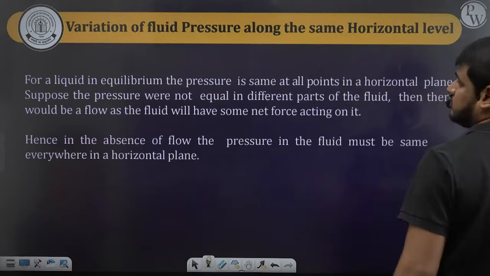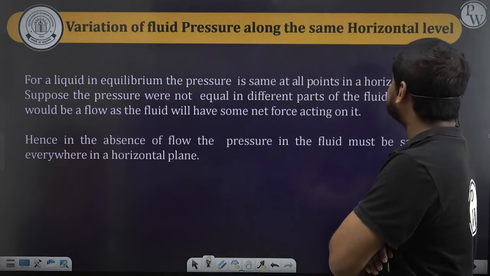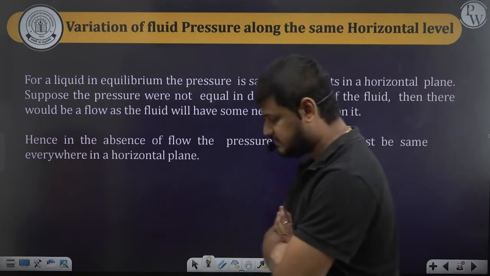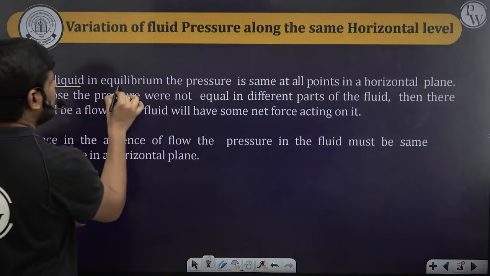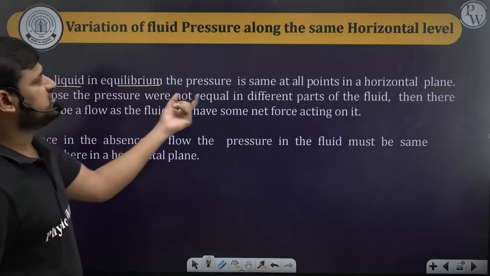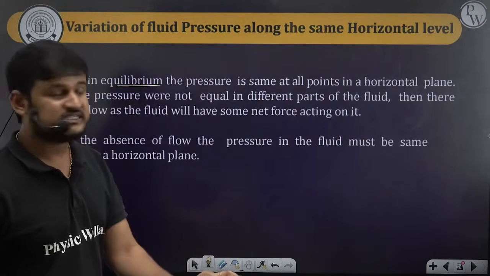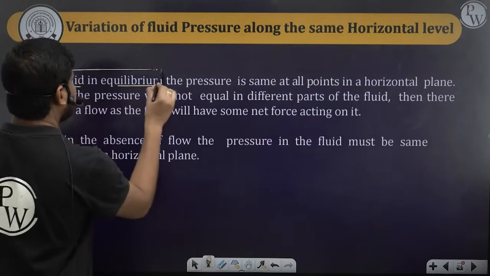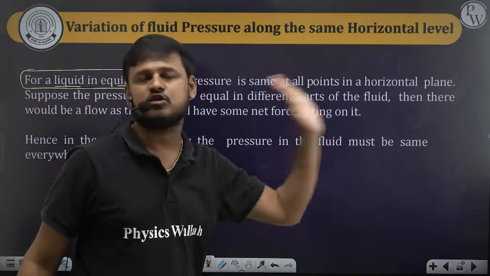Chal. Now, the variation of fluid pressure along the same horizontal level. Always remember, if the fluid is at rest, for a liquid in equilibrium, the pressure is same at all points on the horizontal plane. If the fluid is in static equilibrium, then the pressure is going to be same at all the points.